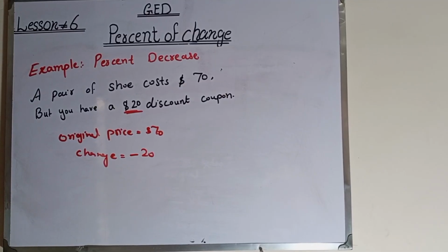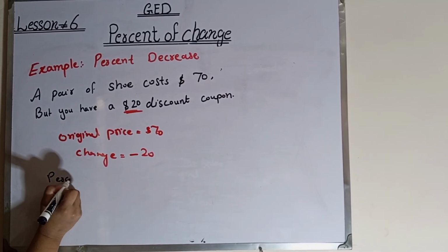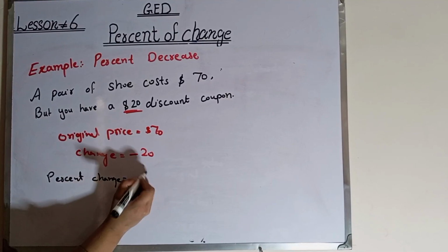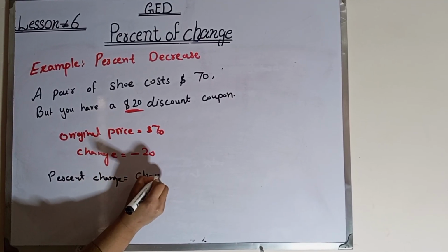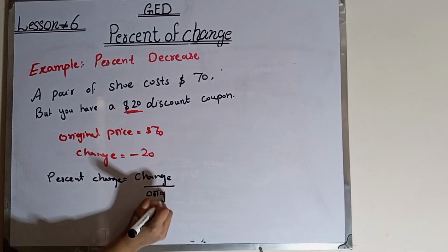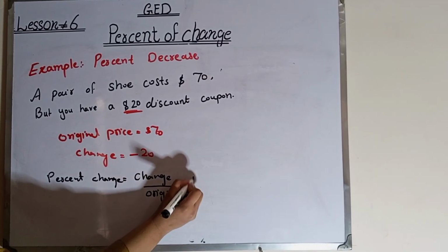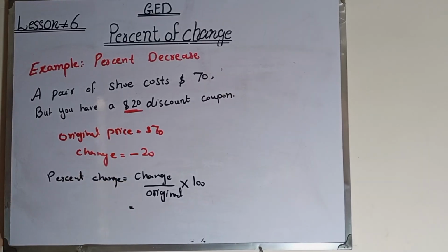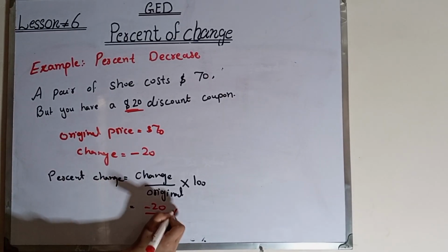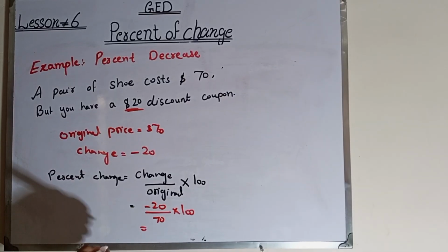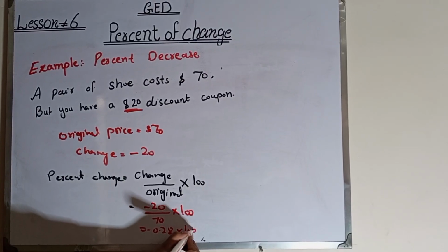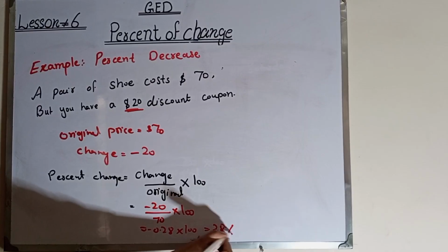We write the formula: percent change is equal to change divided by original price, multiplied by 100. Our change is minus 20, original is 70, multiplied by 100. So minus 0.28 multiplied by 100 is equal to 28%.